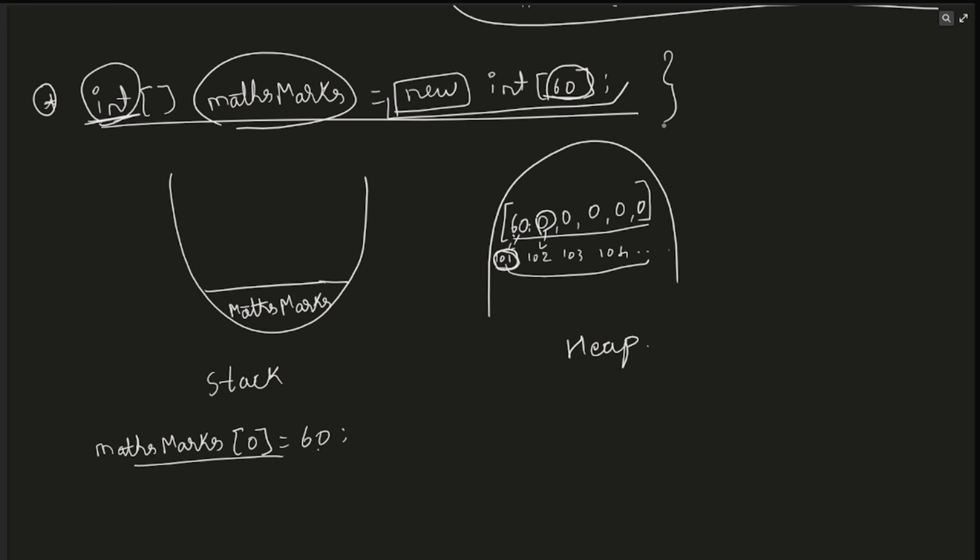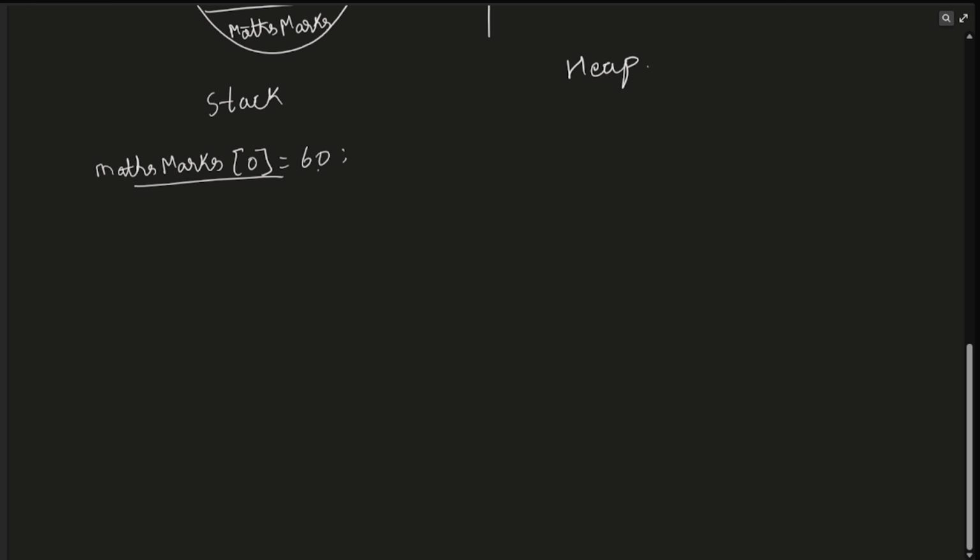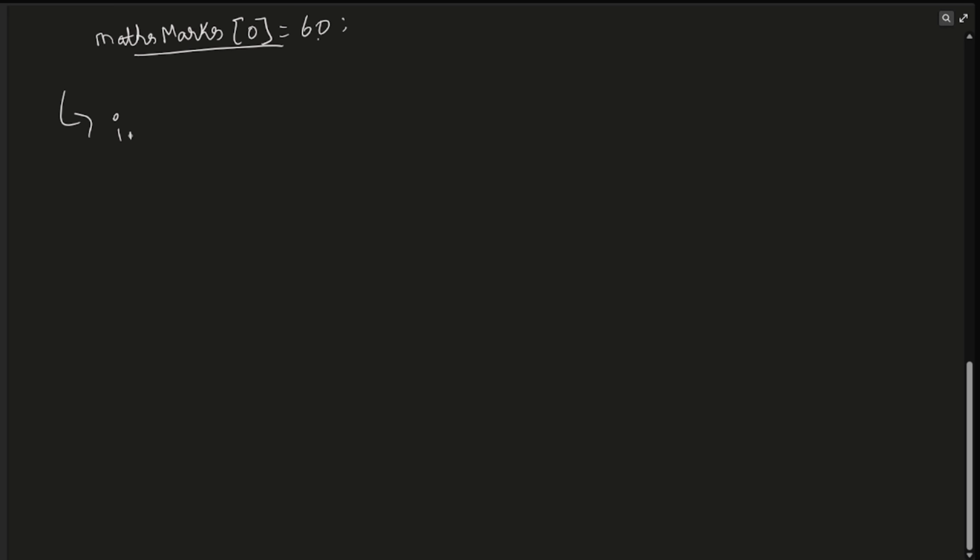We have one more way of declaring an array variable. Let's see that. Int maths marks equals, here instead of writing new int and the size of array, we can directly assign values to it.